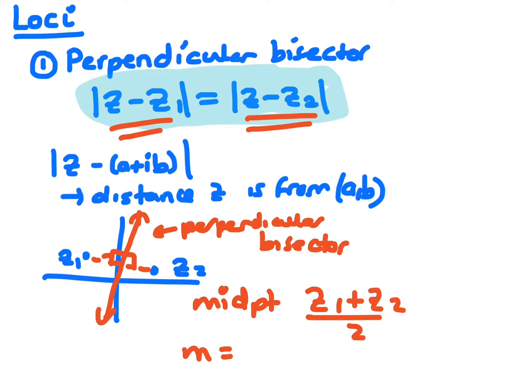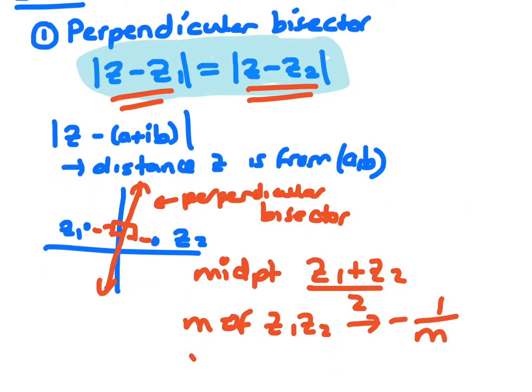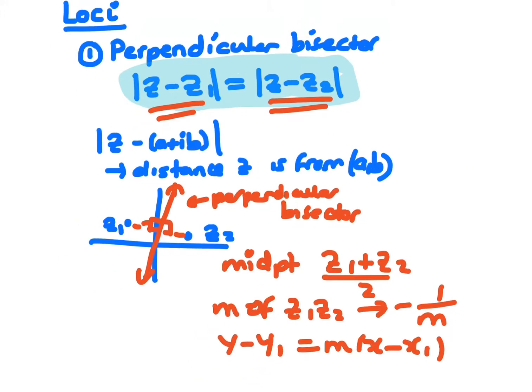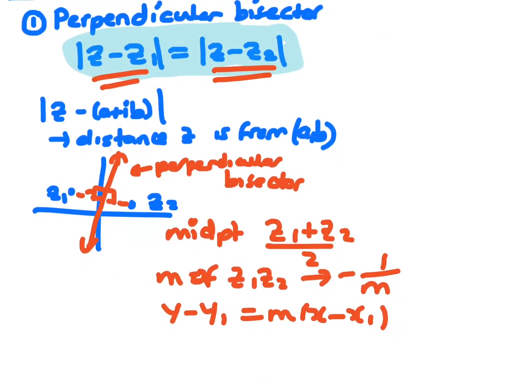You get the gradient of z1 z2, and then you find minus 1 over whatever that gradient is, and that would be the perpendicular gradient, and then just go y - y1 = m(x - x1). That's just one way of looking at it. You could get the actual equation as well, and you do that just by letting z equal x + iy.